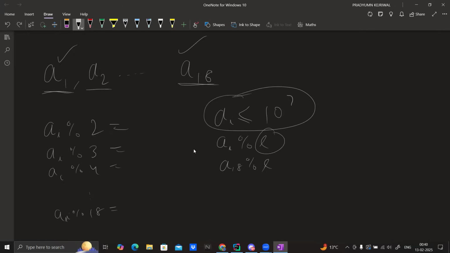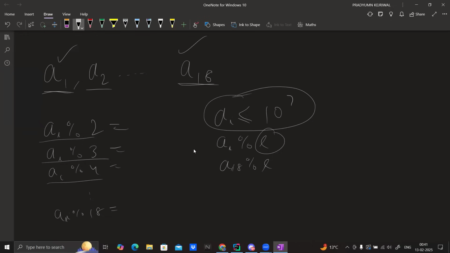So definitely I can say that mod some value, either A1 mod 2 and A18 mod 2, or A1 mod 3 and A18 mod 3, or A1 mod 4, A18 mod 4, either of these equations are not satisfied.